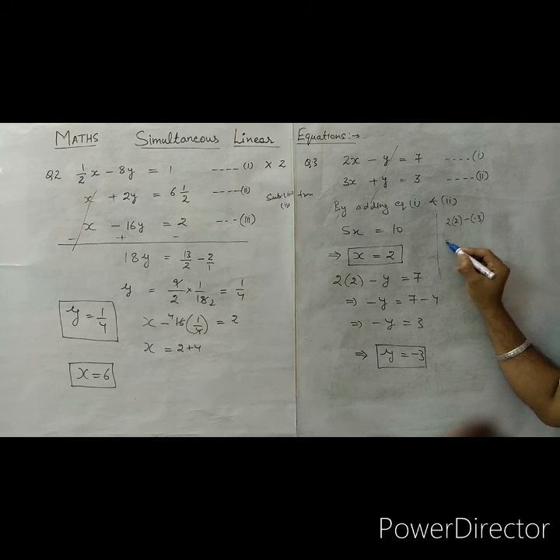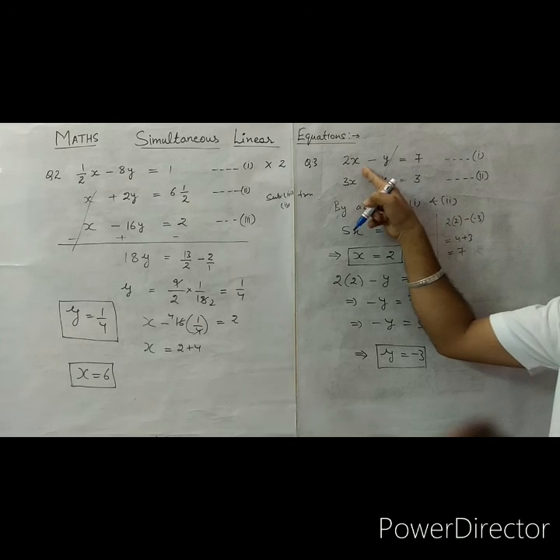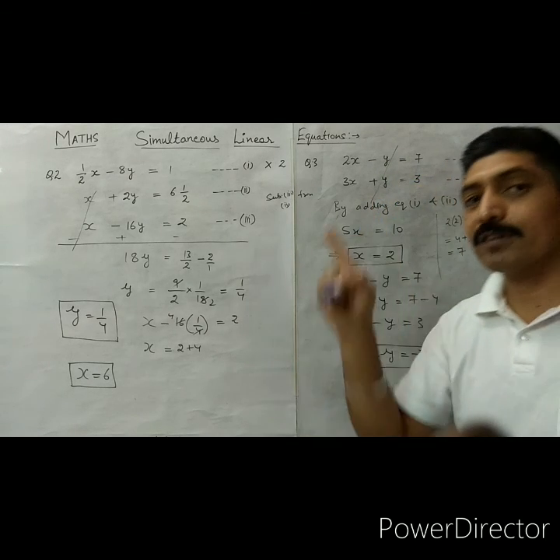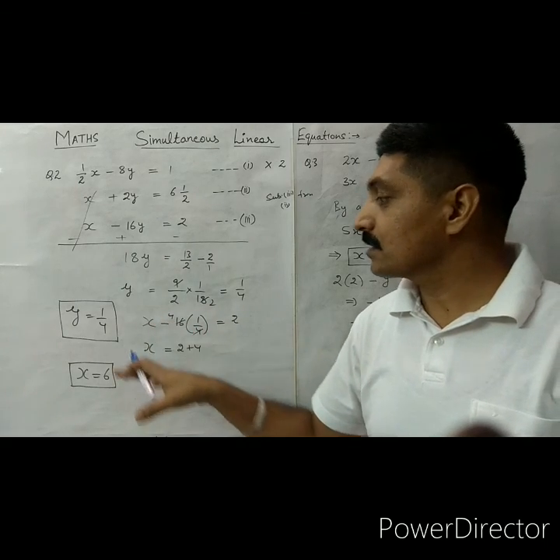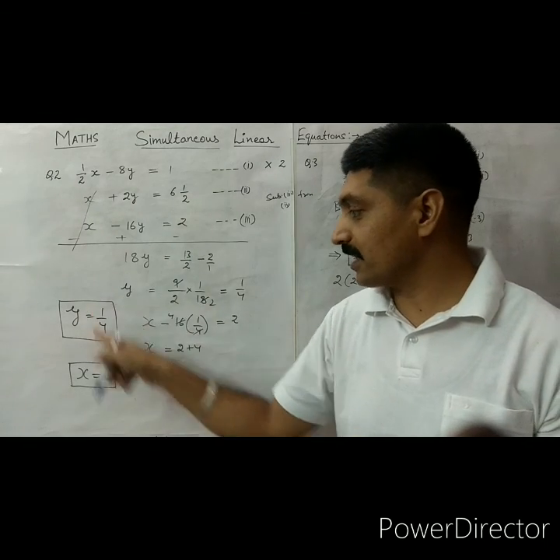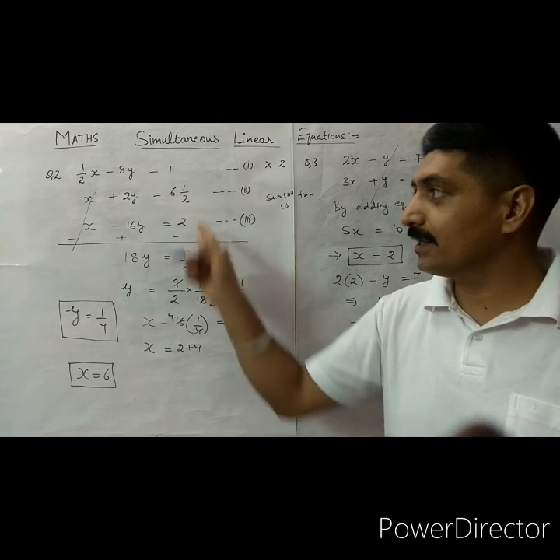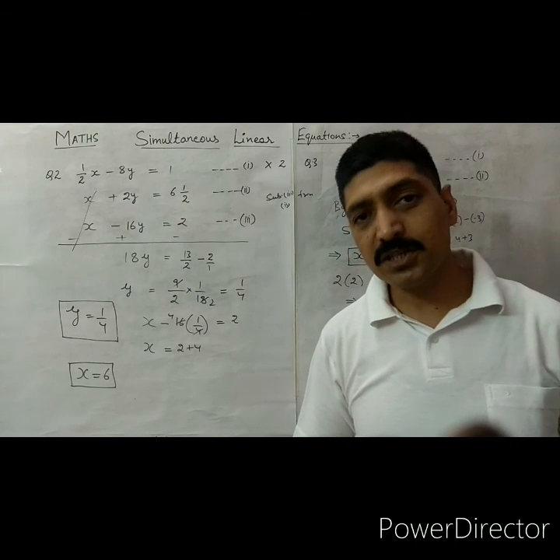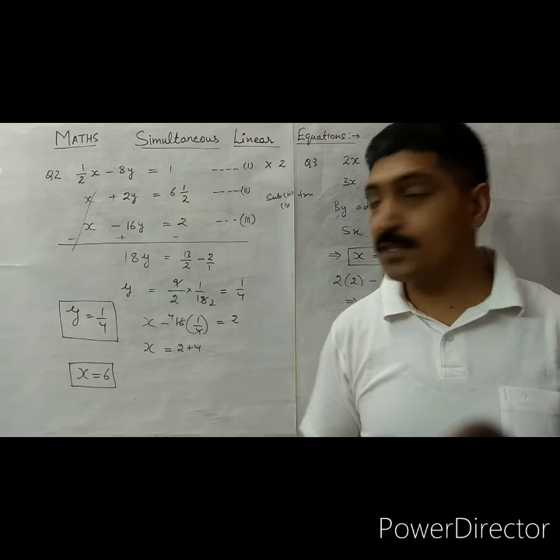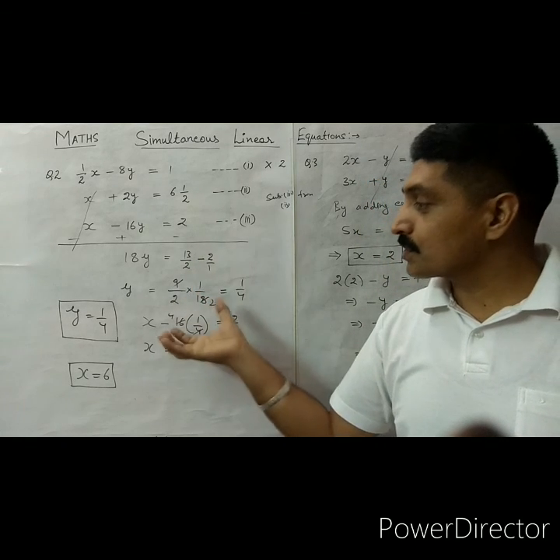And yes, 4 plus 3 is equal to 7. Means the left hand side is equal to the right hand side. So we can check the solutions x and y by substituting the values in any of the equations. Both left hand side and right hand side must be the same. This is about checking your solution.